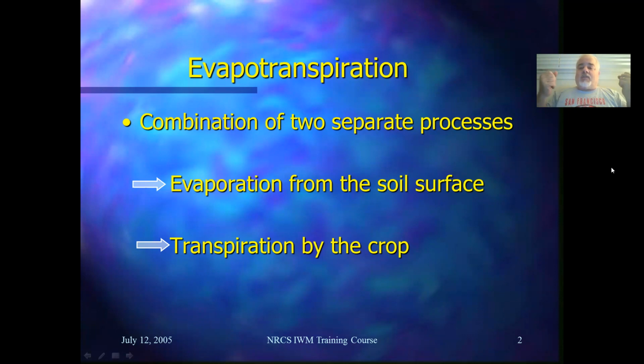Depends on the plant. If it's a cactus, it's mostly the stems, because they don't have much transpiration through the leaves because they only have spines for leaves.